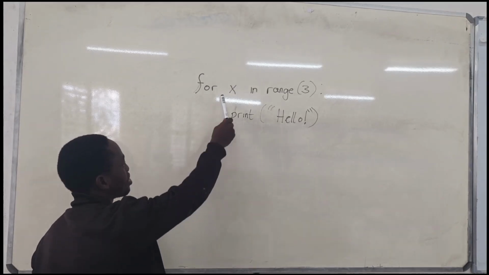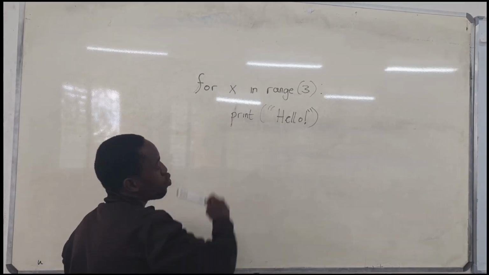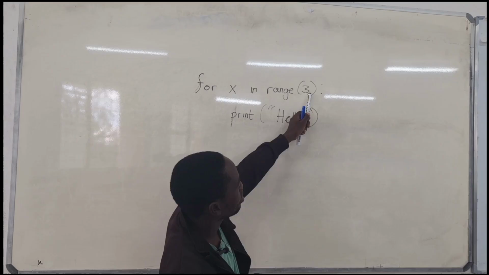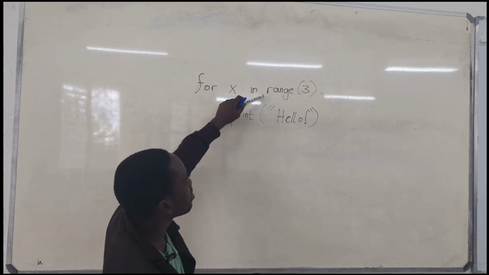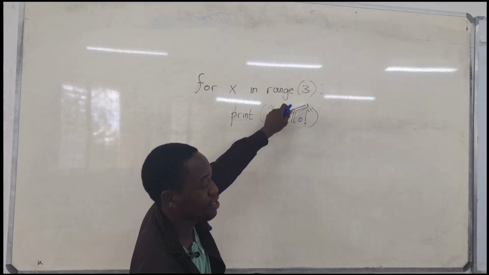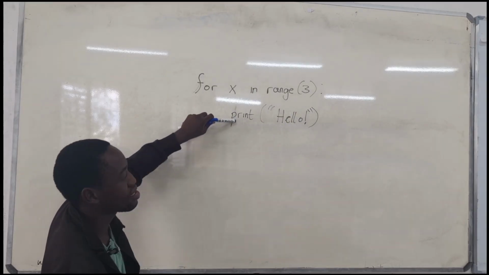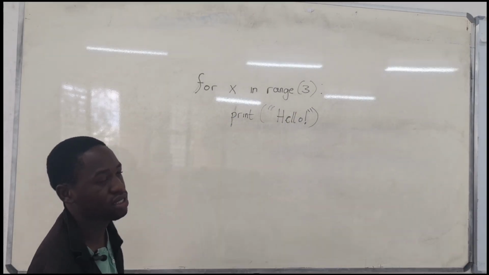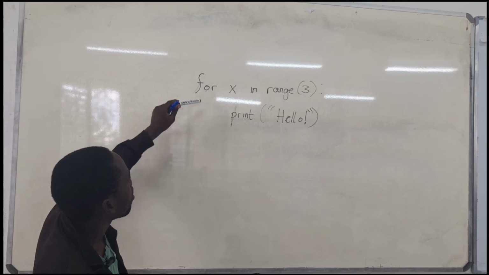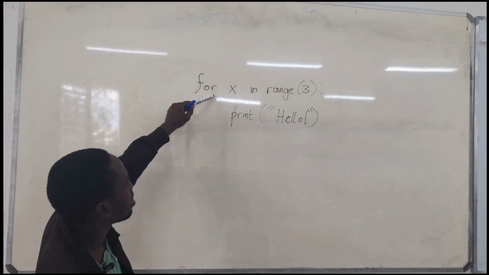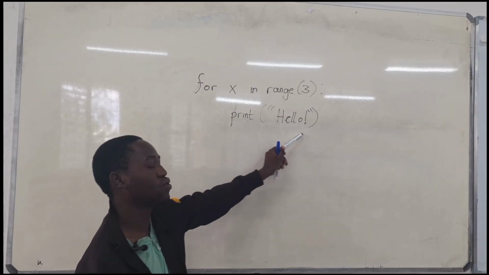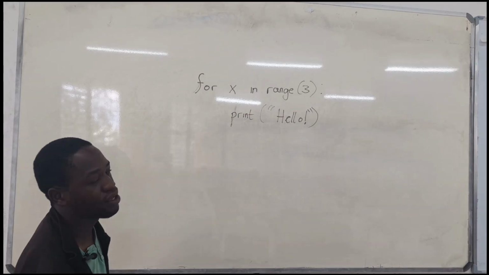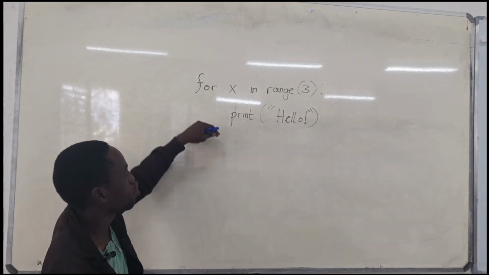So this X will hold values 1, 2, 3. When you say for X in this range of 3, it means we want to print this hello 3 times. When it reaches here and finds X, it will initialize X to 1, and then it will print hello. That will be the first one. To repeat it, it will iterate.